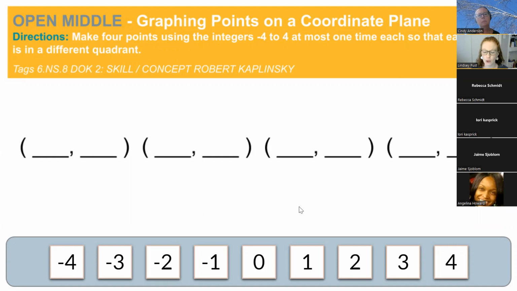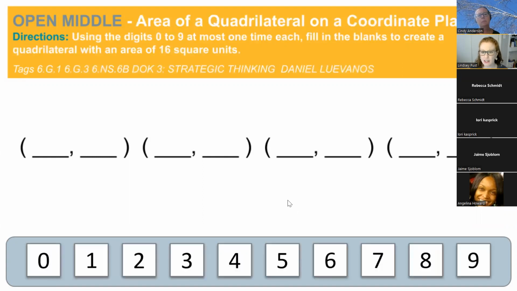It's not closed. Here's another example, area of a quadrilateral on a coordinate plane. So using the digits 0 to 9, at most 1 time each, fill in the blanks to create a quadrilateral with an area of 16 square units.